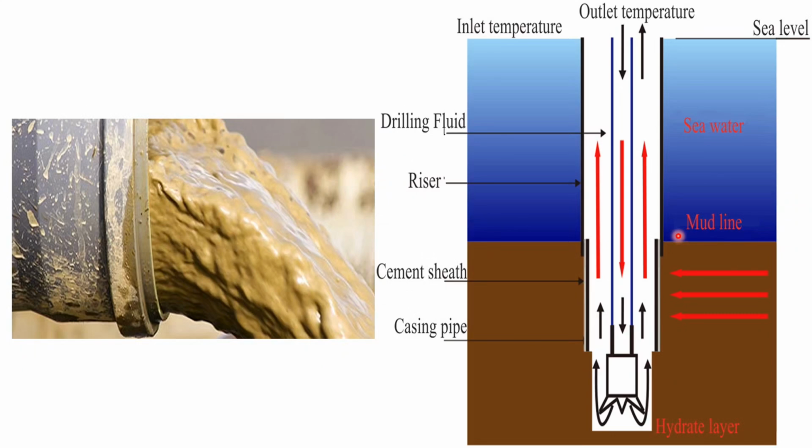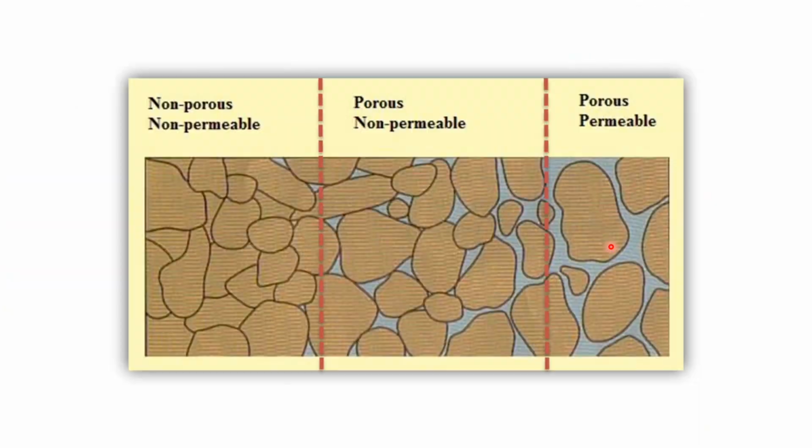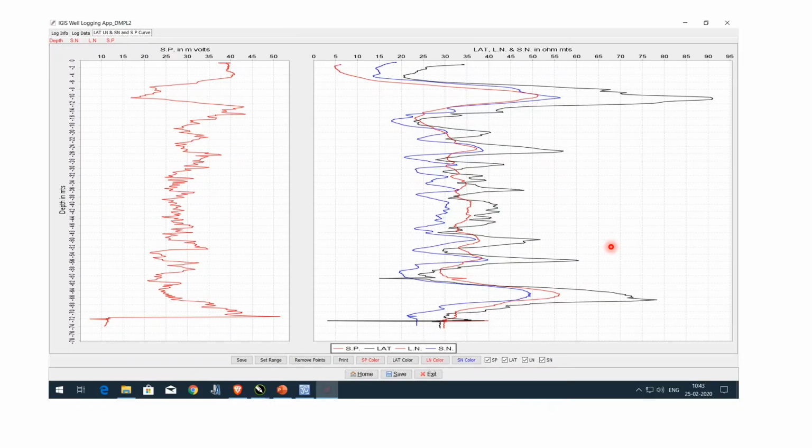So logs of conductivity and temperature of the fluid that is present inside the borehole can be related to the formation fluid characteristics. If we go for the formation fluid characteristics, first we'll discuss the fluid conductivity. The fluid conductivity or the resistivity of the fluid in a borehole is one of the most important factors for the geophysical log.